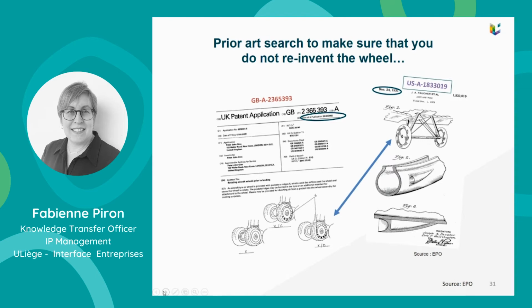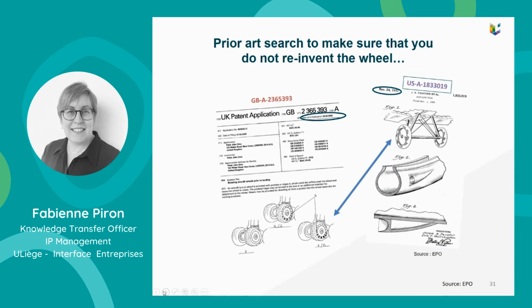And this patent application was filed in the Great Britain office, and the examiner, when he received this patent application, began to evaluate the criteria of patentability. Then he did a prior art search to evaluate if this patent application was new.